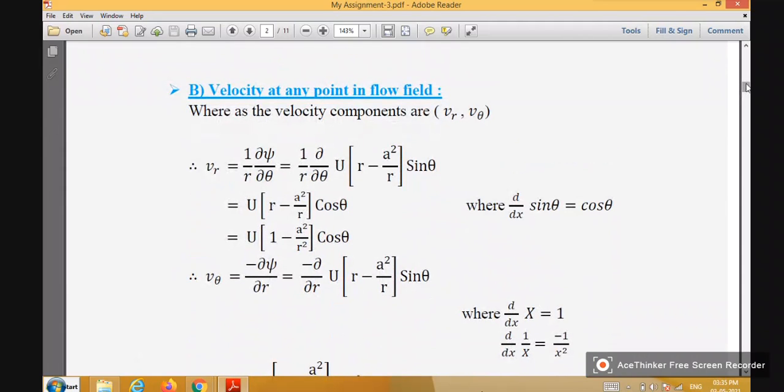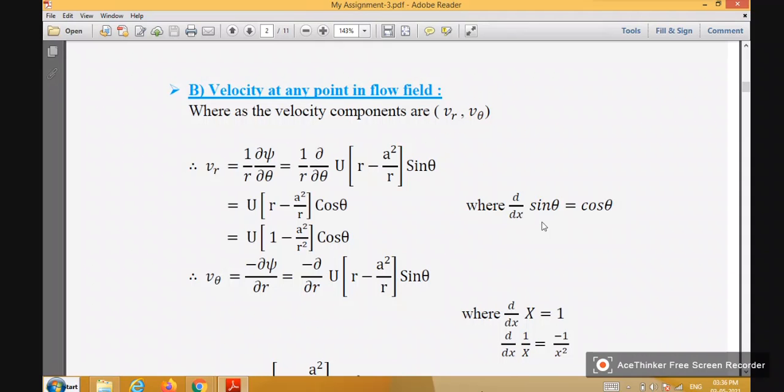The next thing is velocity at any point in the flow field, which has velocity components Vr and v theta. We know the formula for Vr and v theta. Vr is equal to 1 by r dou psi by dou theta. We substitute the psi value in this, and after partial differentiating, we get the equation. One minute, what is the mistake there?